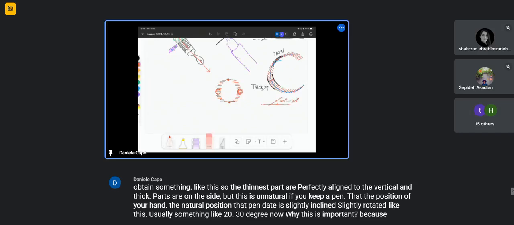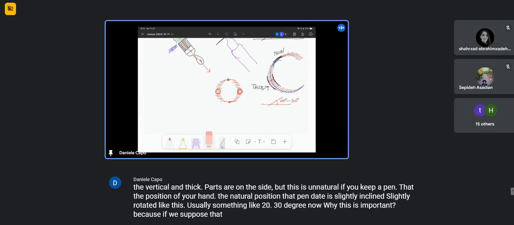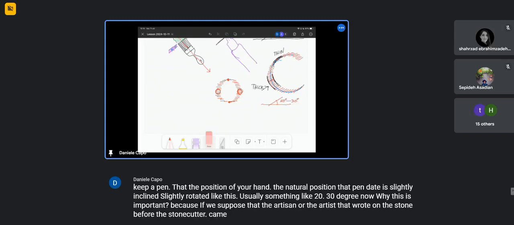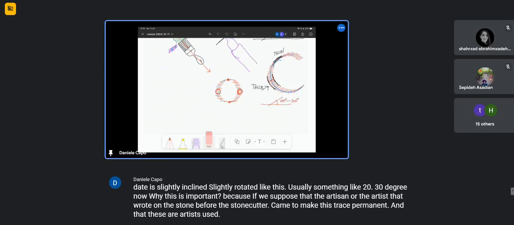Because if we suppose that the artisan or the artist that wrote on the stone before the stone cutter came to make this trace permanent used a brush like this, it is natural that this contrast emerges.